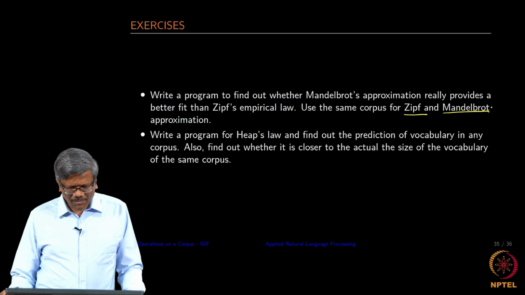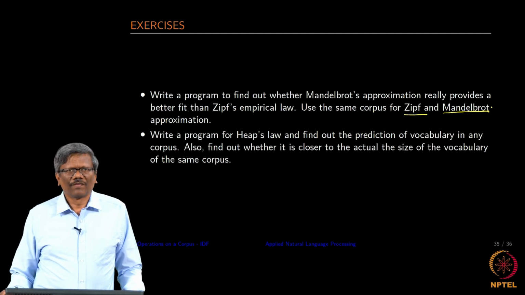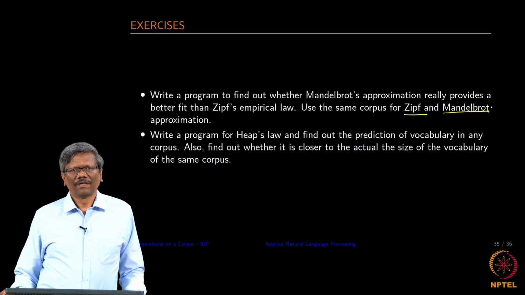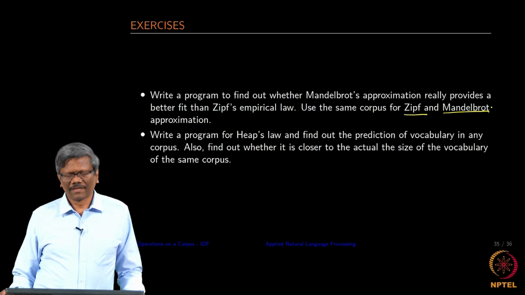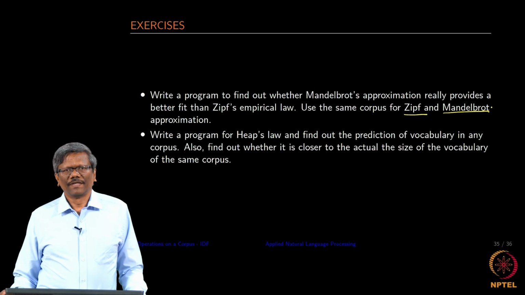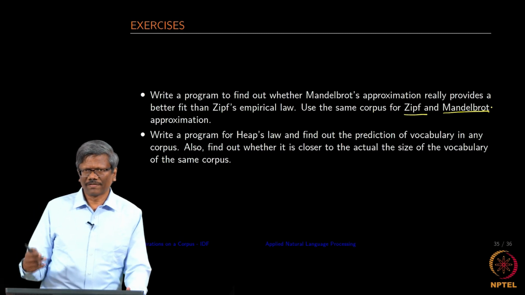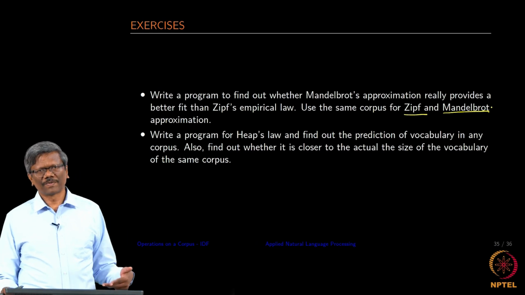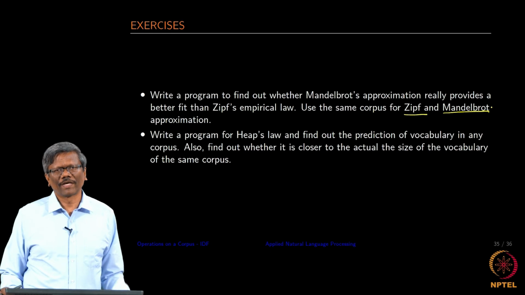The second one would be to write a program for Heap's law and find out the prediction of vocabulary in any corpus. Also find out whether it is very close to the actual size of the vocabulary of the corpus. Okay, so how do you do that? The second one consists of 2 parts. One, you write a program for Heap's law and estimate the vocabulary that you get.